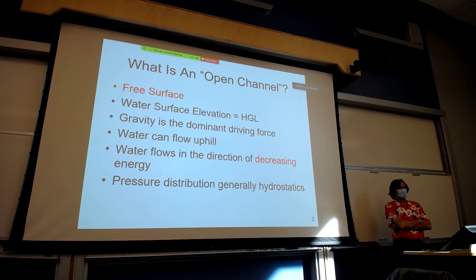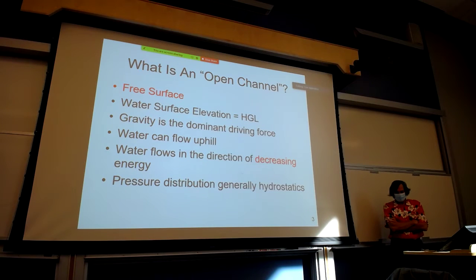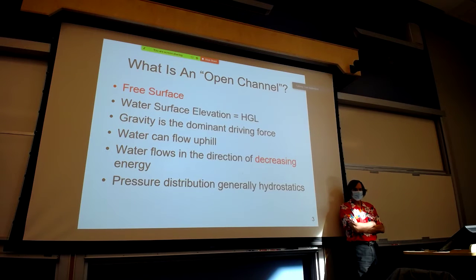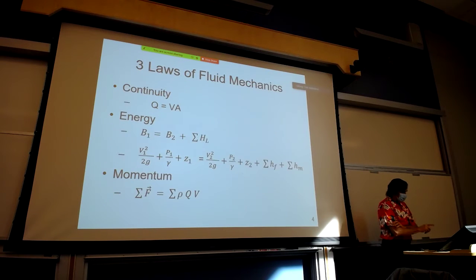Gravity is basically what's moving the fluid around in these systems. And although water may flow uphill, in general, we do know that water moves in the direction of decreasing energy. And very, very often, for most of the open channel flow problems we run into, we have hydrostatics acting.